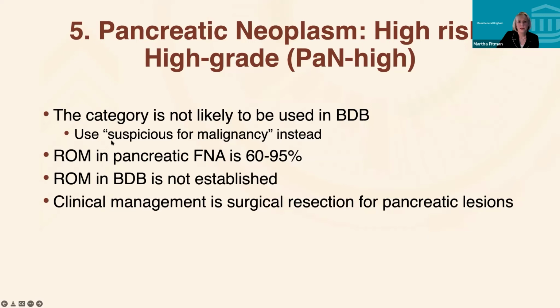In bile duct brushings, we're more likely to use suspicious for malignancy instead. We're not quite able to call it malignant, but we're worried about it. Risk of malignancy in this category would be up to 95%. For pancreatic FNAs, it is not yet established or used in bile duct brushings, and again, clinical management would be resection.